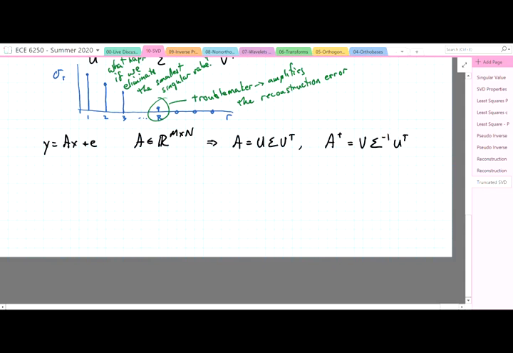Everything has to be back in terms of our singular value decomposition. So, we're using our traditional SVD definition, not the augmented one. So we have sigma is R by R.